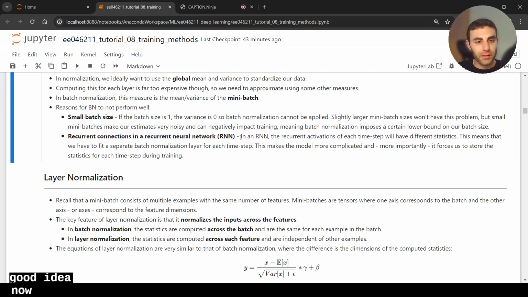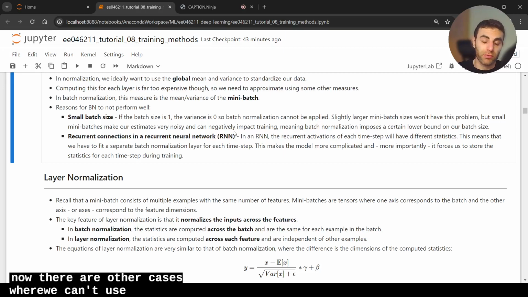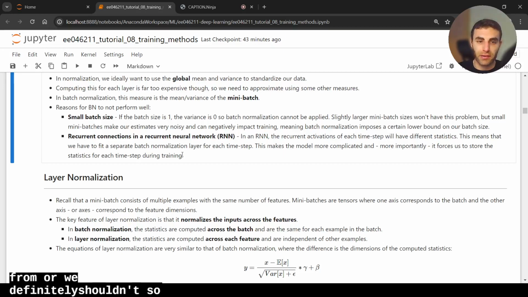Now, there are other cases where we can't use batch norm or we definitely shouldn't. So for example, RNNs, right? Of course, the data is not IID, so each sequence has independent features. And of course, it's problematic to normalize by the time steps, so we need to consider a different approach.